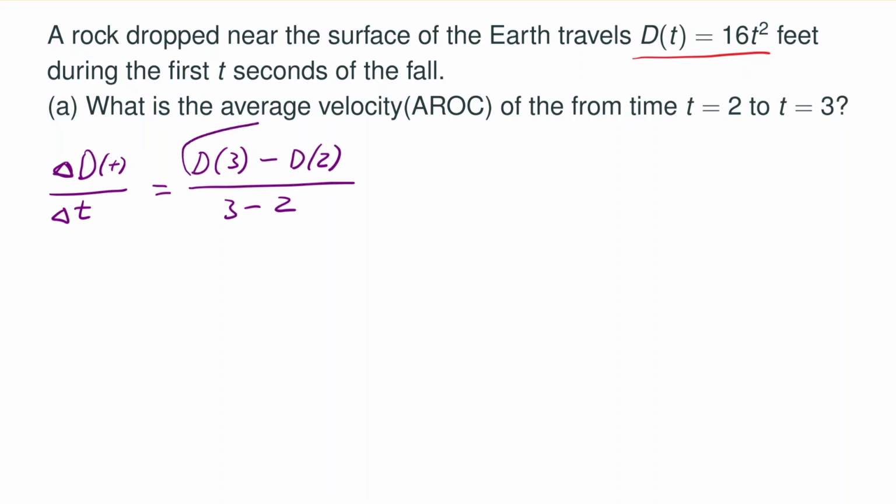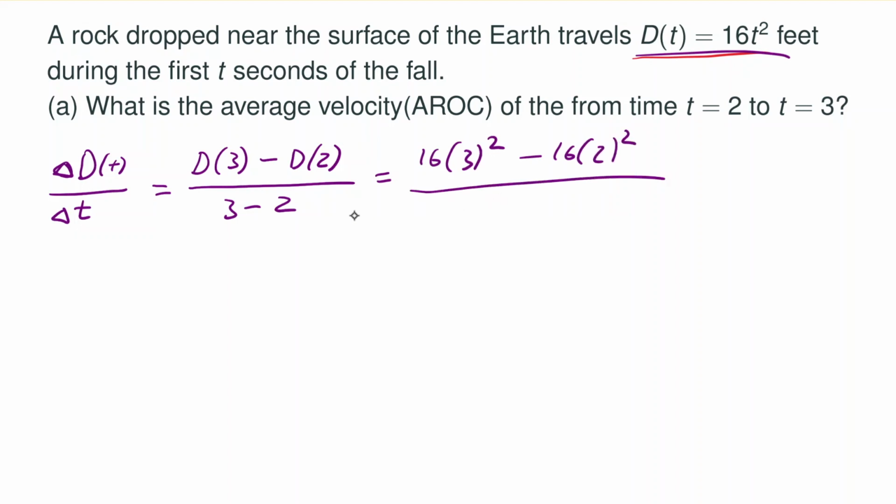This gives the difference in distance and the difference in time. If we compute those and divide, it gives us the average velocity between 2 and 3 seconds. So we plug in 3 here: 16 times 3 squared minus 16 times 2 squared over 3 minus 2, which is just 1.